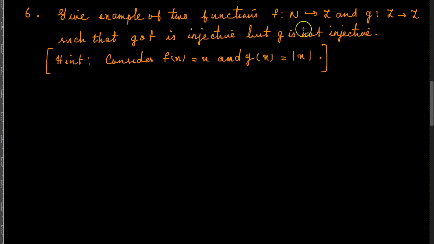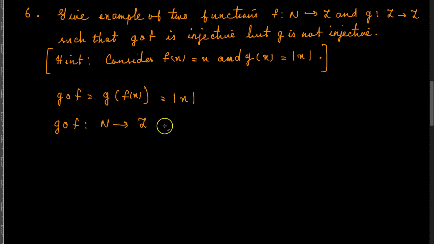But then N to Z, meaning that g of f would be the same thing as g of f of x, which is the same thing as the absolute value of x, and g of f would be a function from N to Z.